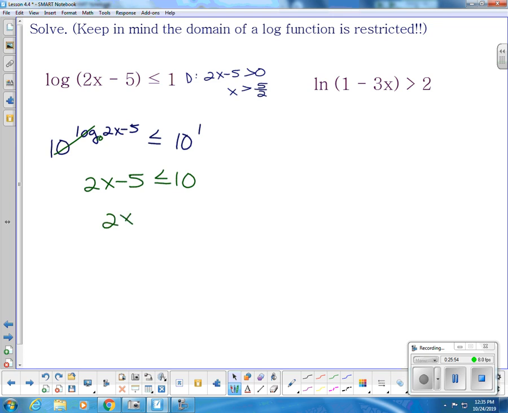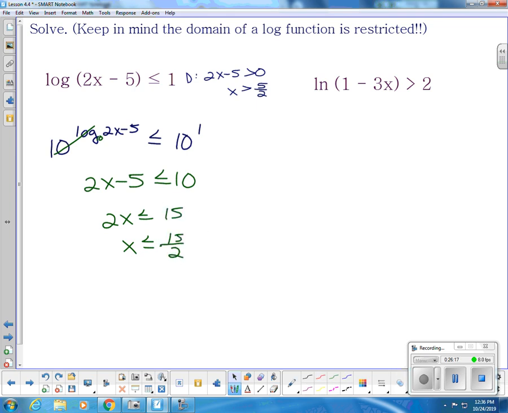So 2x is less than or equal to 5. X is less than or equal to 5 over 2. Wait, 15, thank you. I said something's going wrong because we're getting the same thing as the domain. Good job. You guys are so good.